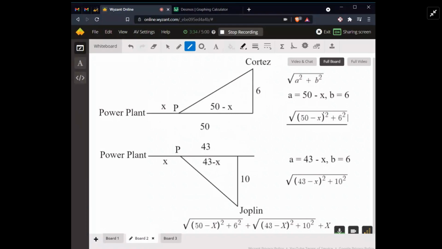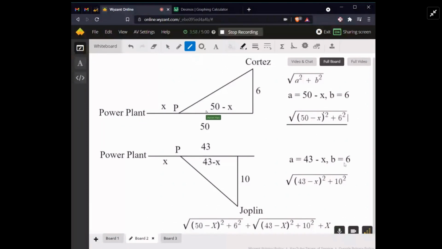And then we can do that same thing for Joplin, which will be if our entire length from the power plant to the right angle before we can go south 10 miles to hit Joplin, that distance is 43 miles. The distance between the junction point to the right angle is 43 minus x.